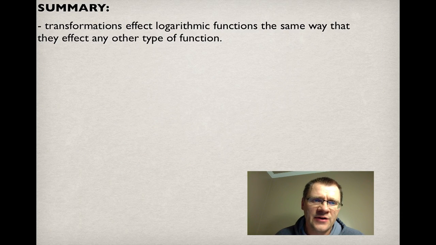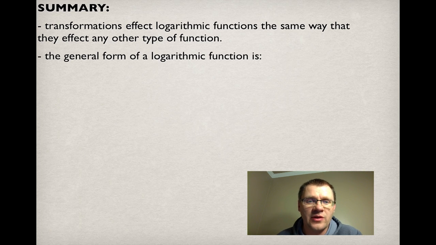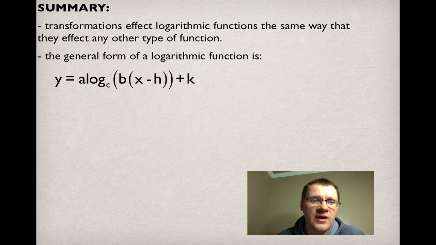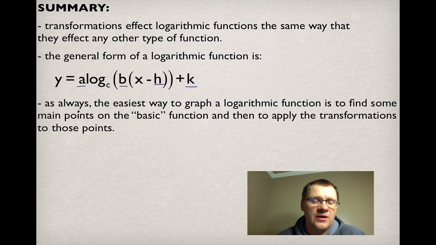So in summary, transformations affect logarithmic functions the same way that they affect any other type of function. And the general form of a logarithmic function is y equals a log c b x minus h plus k. And remember that a, b, h, and k each have their own way that it affects a logarithmic function, or any function.